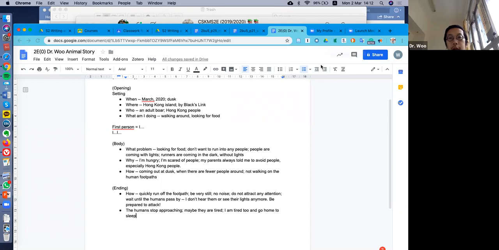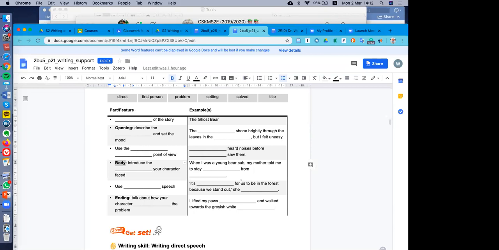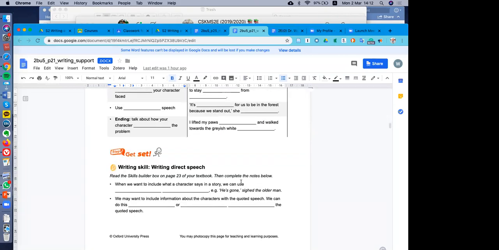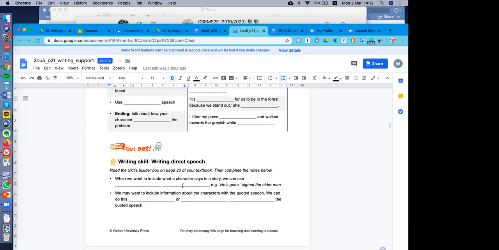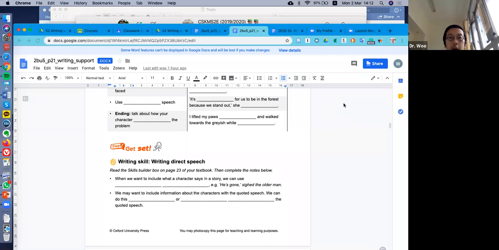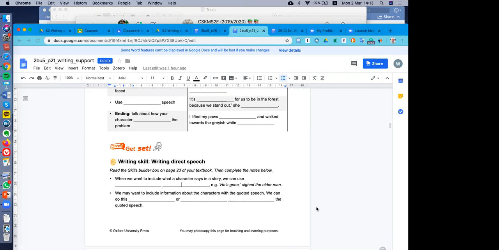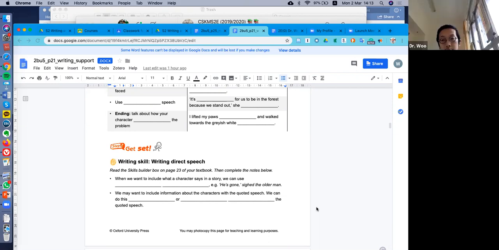Okay. So Daniel, what is the problem in your story? In my story, my problem is my dog is in danger from some bad people. They want to kill him. Yeah. Okay, so let's pretend you are the dog, Daniel, and people want to kill you. They are using guns.